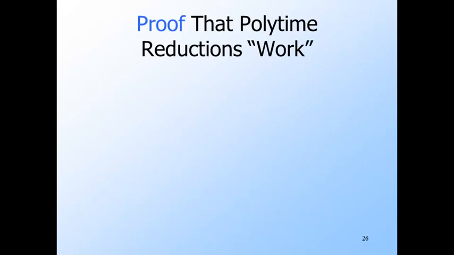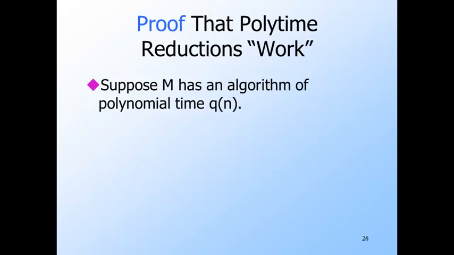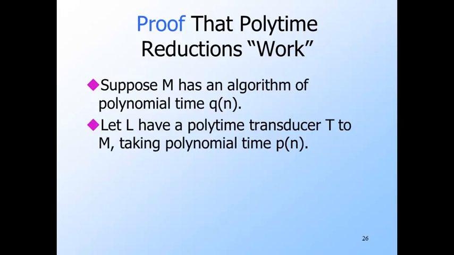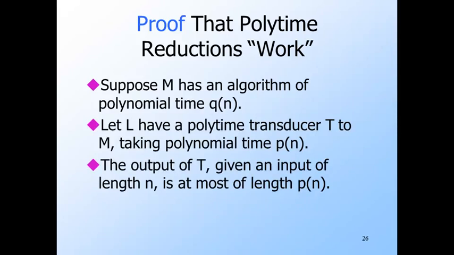But before we embark on this quest, let's make sure that polynomial time reductions work in the sense that they let us draw the desired conclusion about all of NP reducing to the target problem. So suppose M has a polytime algorithm, say running time Q of n for some polynomial Q. Let there be a polytime transducer T from some problem L to M. And let the time taken by T be P of n for some polynomial P. The output of T, given an input of length n, is at most of length P of n.